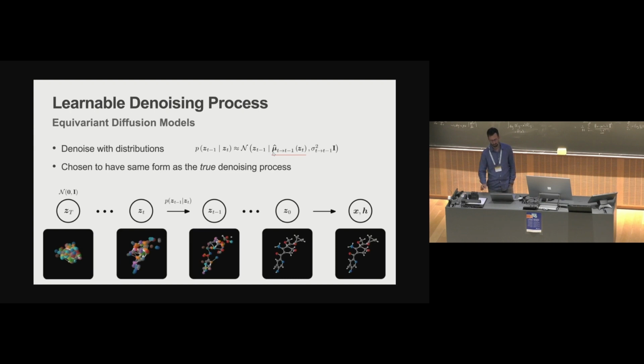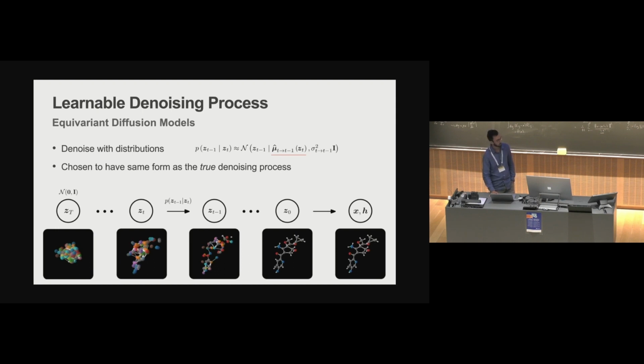When we compute this reverse process, we estimate the mean with a neural network that is an equivariant neural network. And that makes the probability of the whole process equivariant, because all the individual steps are modeled by this equivariant network.